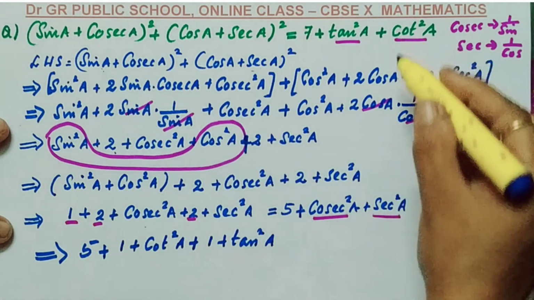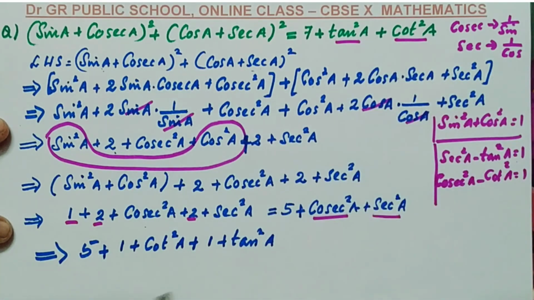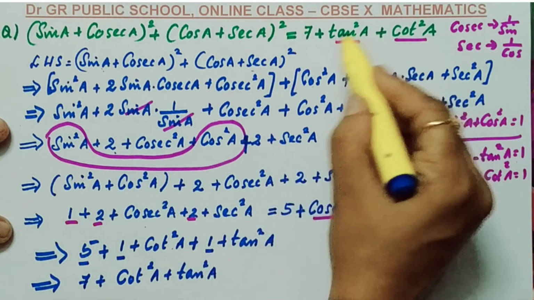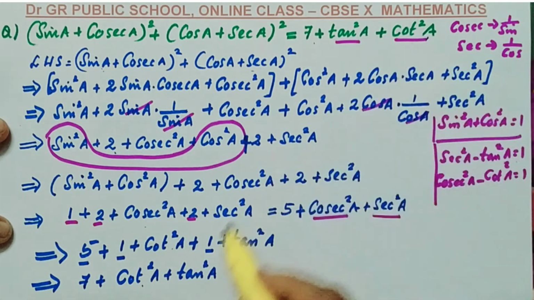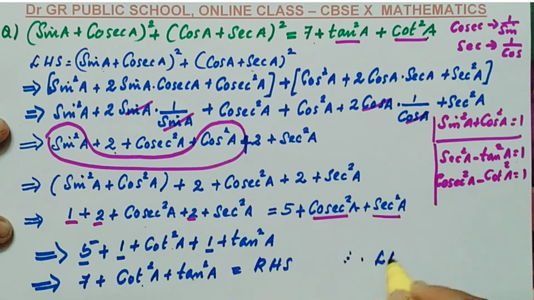Arranging, 5 plus 1 is 6, plus 1 is 7, plus. There remains cot square A plus tan square A. Look at the RHS: 7 plus cot square A plus tan square A, which is the same as RHS. Therefore, LHS equal to RHS and hence verified.